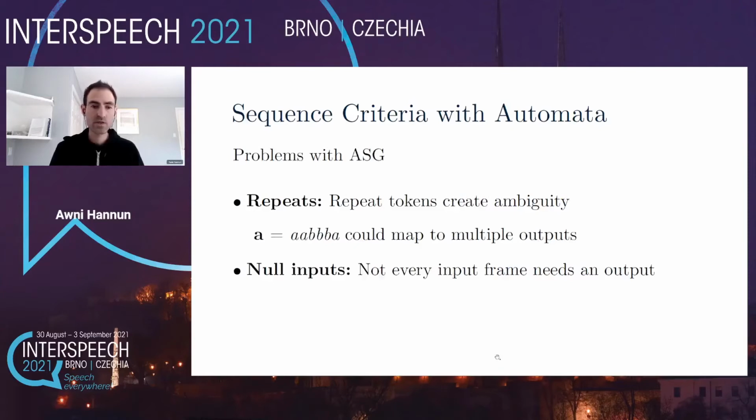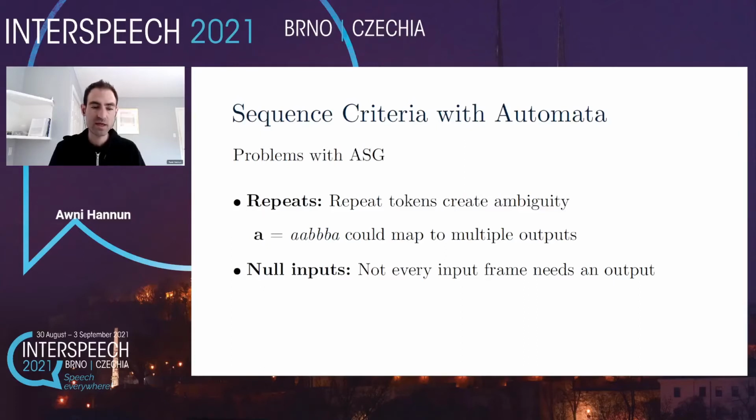Okay, so let me breeze through CTC, and then I don't know if we'll have time for questions at the end, but let's see. ASG has a couple of problems. One is the problem of repeats. If I have an alignment like AA 3Bs and then an A, the problem with this alignment is that I don't necessarily know what output it represents.